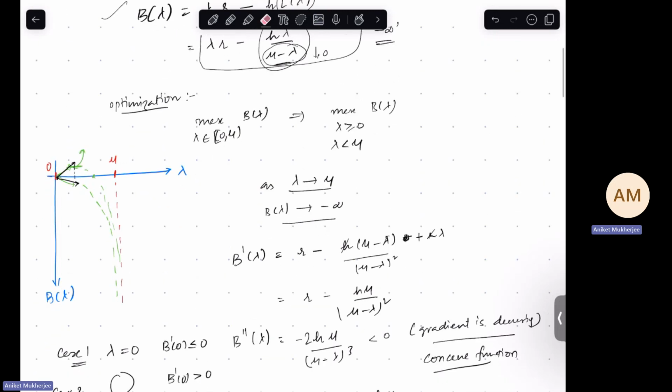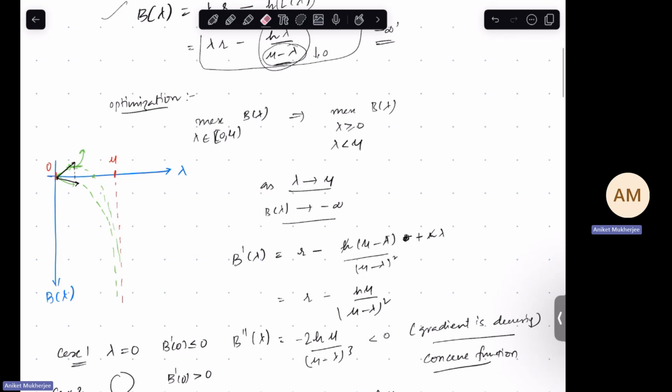So we calculated the first derivative of the reward function and the second derivative. From the second derivative of the reward function, we saw that it is negative, which means it is a concave function.